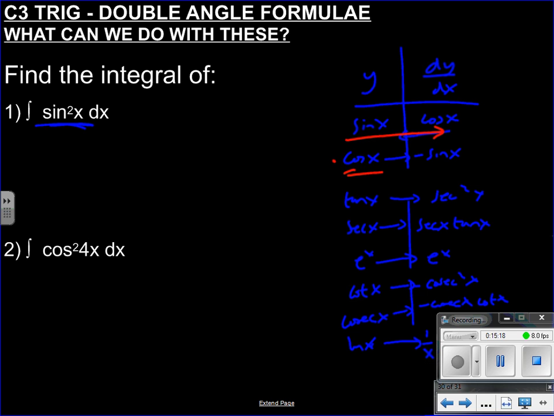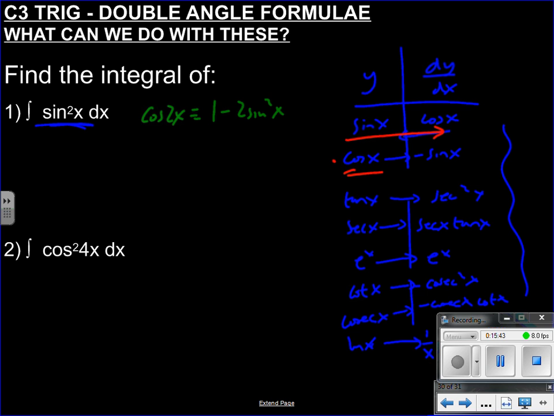Sine squared, there's nothing to do with sine squared on this right-hand side. So we can't integrate it. But we can. Of course we can, because we've got our double angle formula, okay? So we know, I'll be quick for this, we know that cos 2x is the same as 1 minus 2 sine squared x.